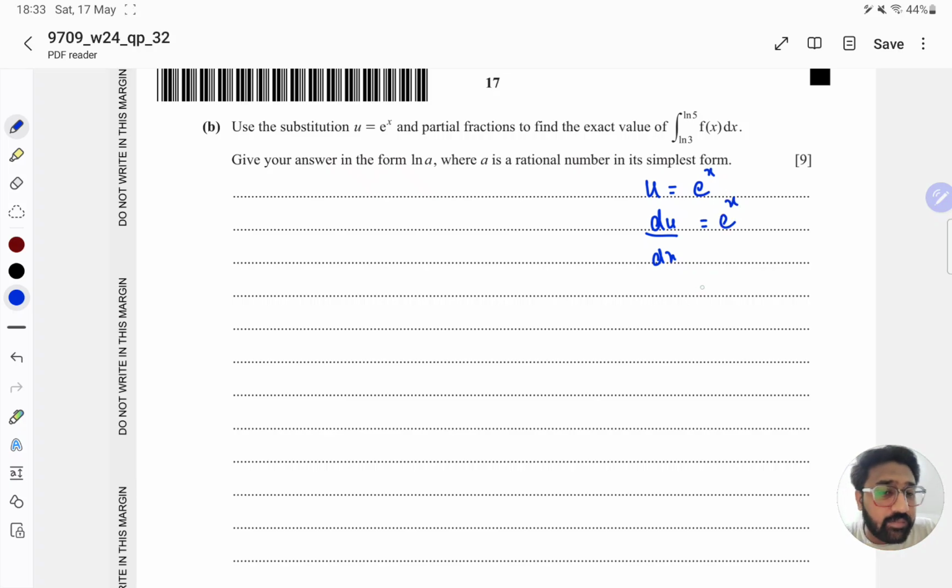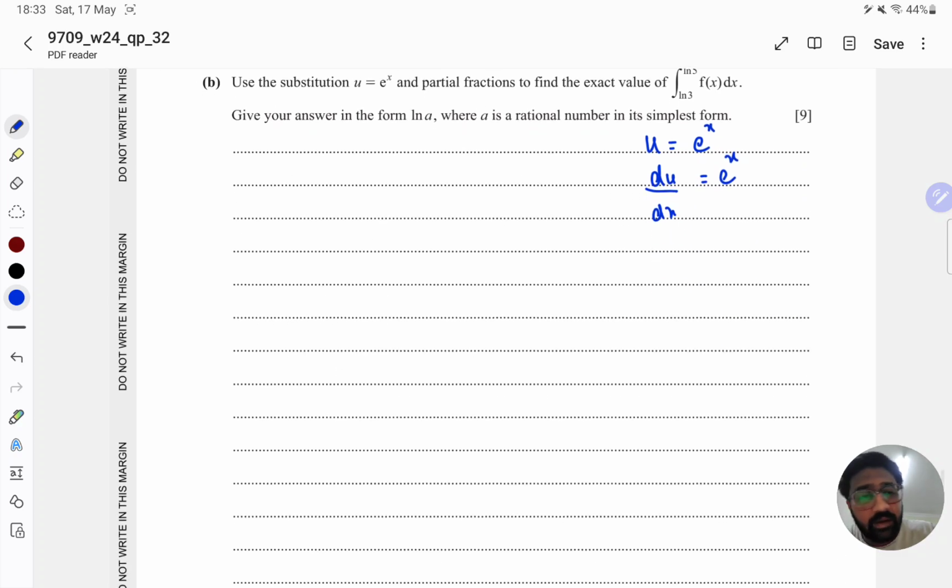I'll bring the x term to one side, so it will be 1 over e^x du equals dx.